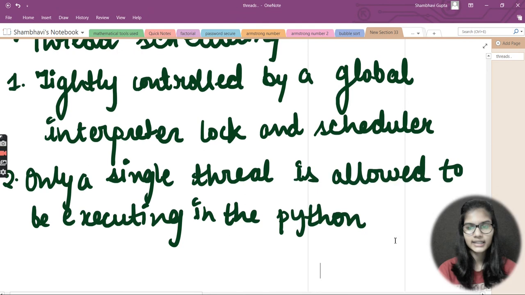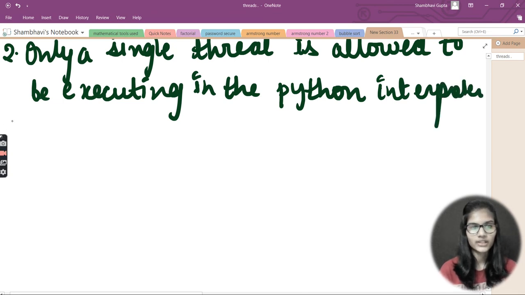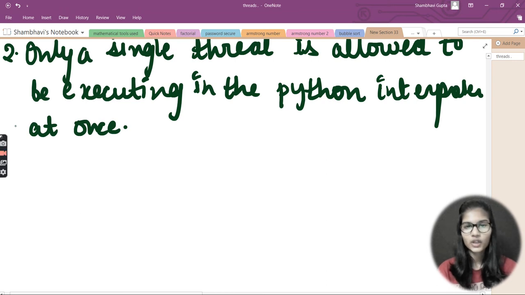Only a single thread is allowed to be executing in the Python interpreter at once. This means that at one time you can execute only one single thread in the Python interpreter. It's not the case that you have written multiple threads and you will be allowed to execute all of them at a time. No, this is not the case in this threading topic.